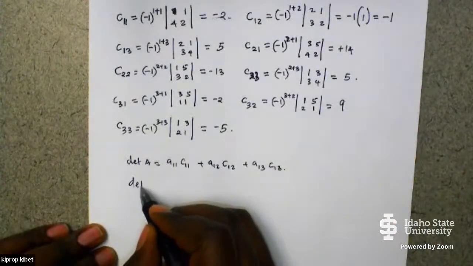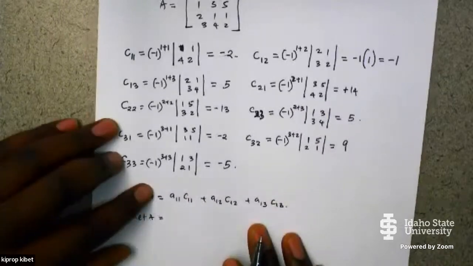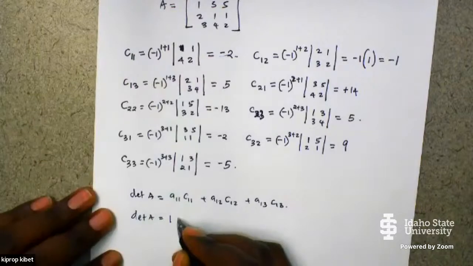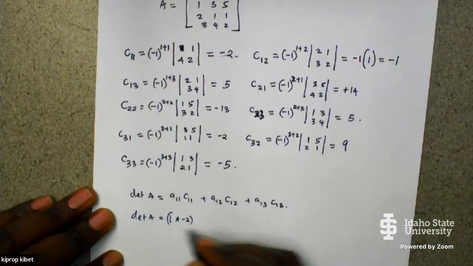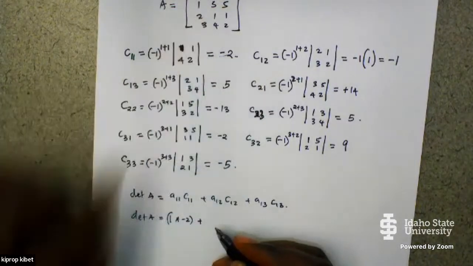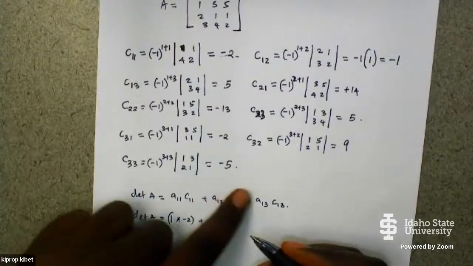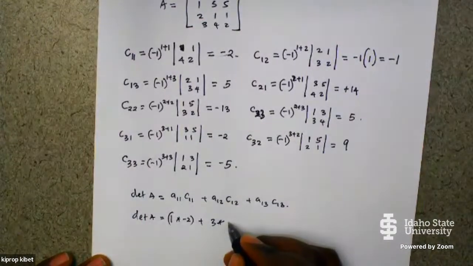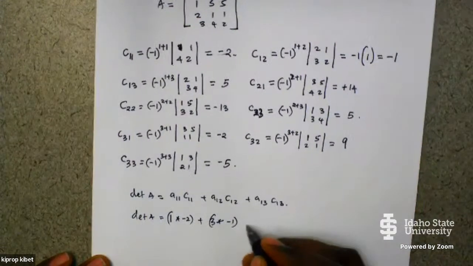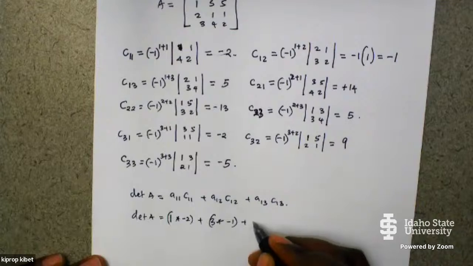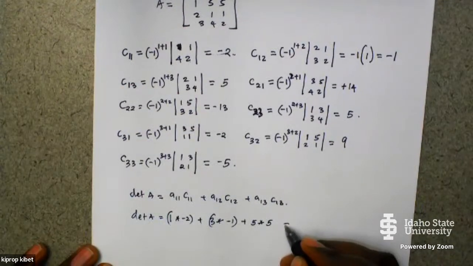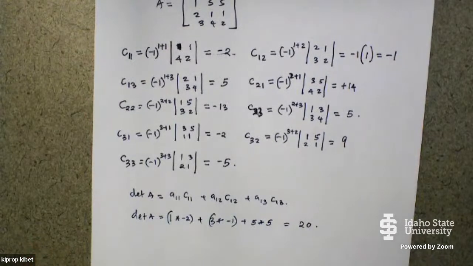And determinant of A equals A11, which is 1, multiplied by C11, which is minus 2, plus A12, which is 3, multiplied by C12, which is minus 1, and then plus A13, which is 5, multiplied by C13, which is 5. And what we get is 2.